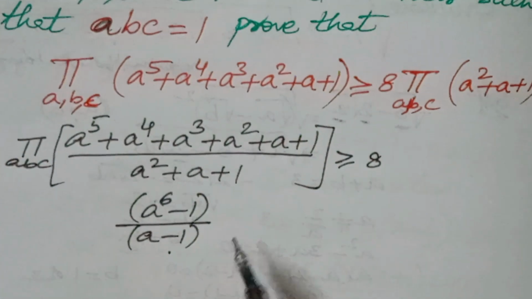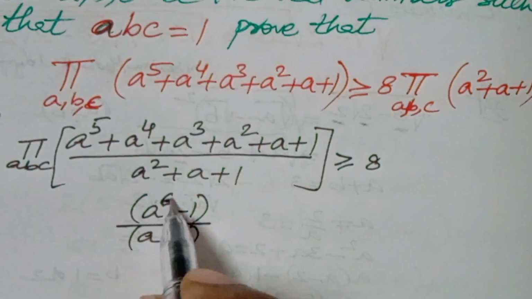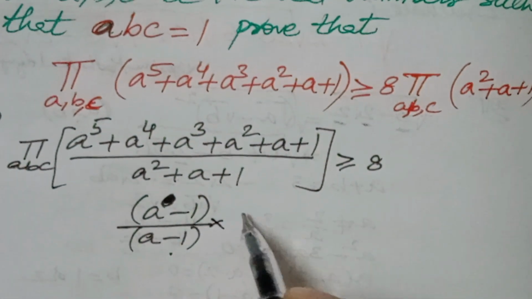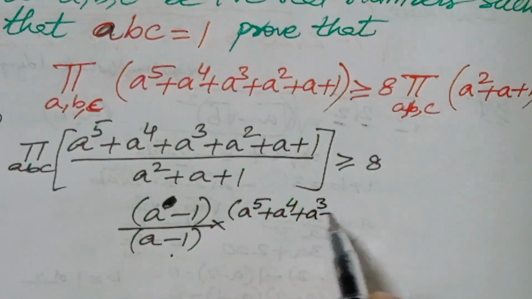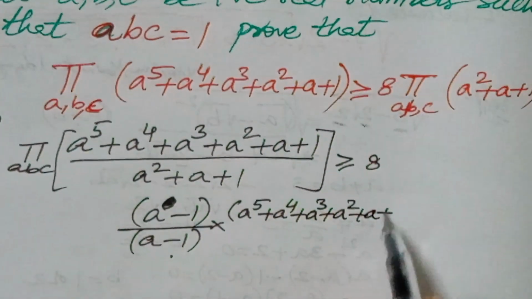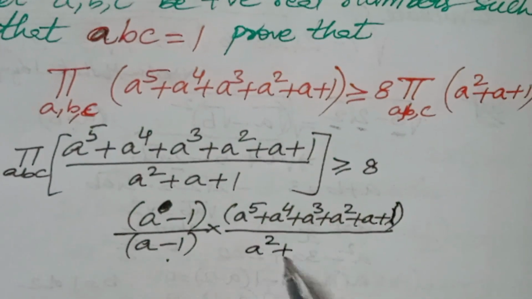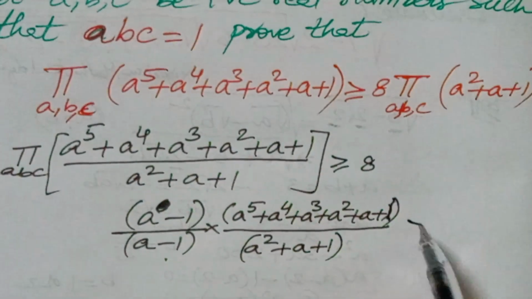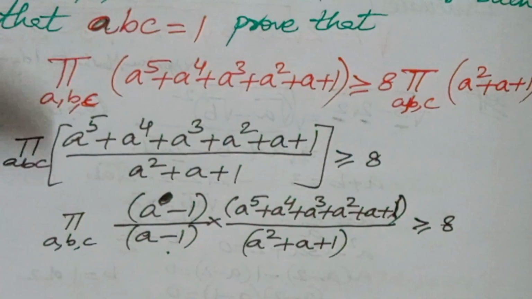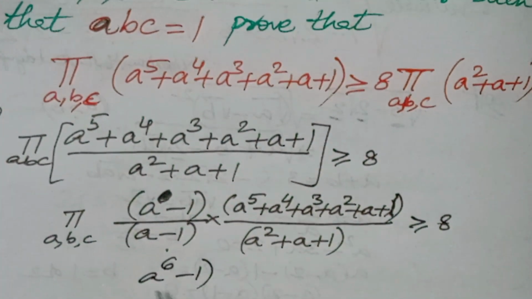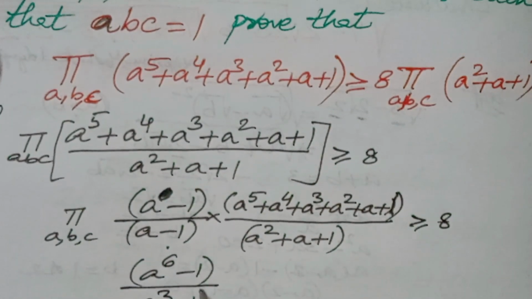Now multiply both numerator and denominator by a minus 1. Then the numerator is a to the power of 6 minus 1, and the denominator is a cube minus 1, and here you are having the product over a, b, c.